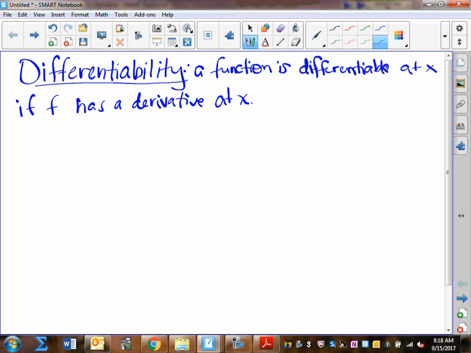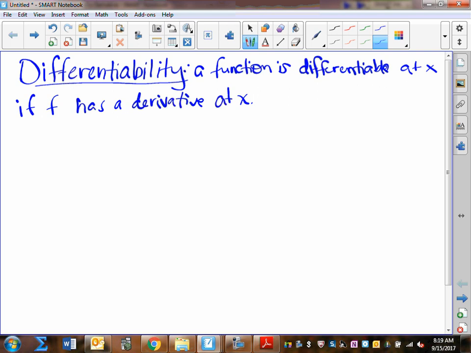Differentiability, you can see the word derivative in it, just means that it has a derivative. You can actually take the derivative. Which then means there are some times in which it's possible for a derivative to be undefined, where we don't have the value there.